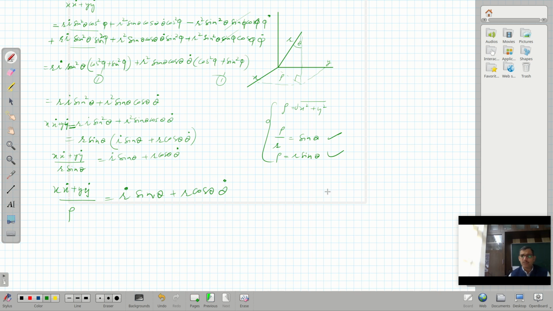But z is equal to r cos theta, z is equal to r cos theta.